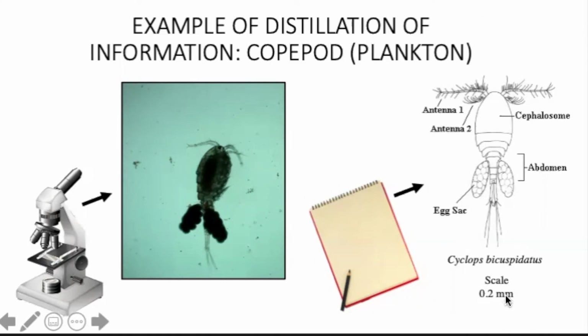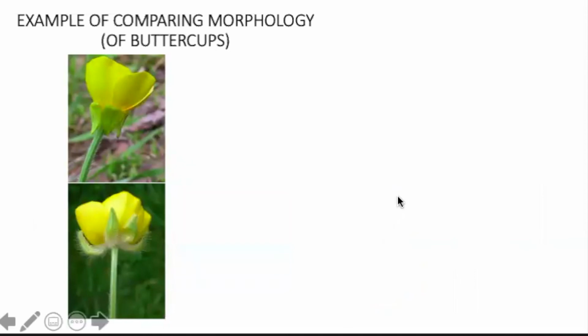I also included the scale, which is going to be an important part of your drawings as well, and I want to go over why it's important. We can have two very morphologically similar looking buttercups, but the distinction between these drawings is going to be key here.